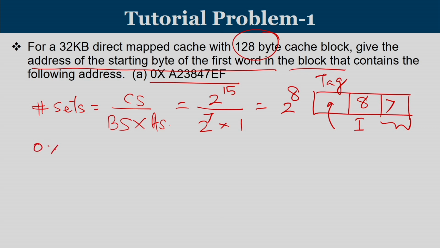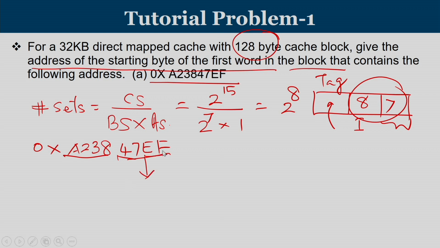This is the address that is given: A23847EF. So, you have 8 plus 7, 15 bits, which will basically go into your tag. The last 15 bits are what is needed.